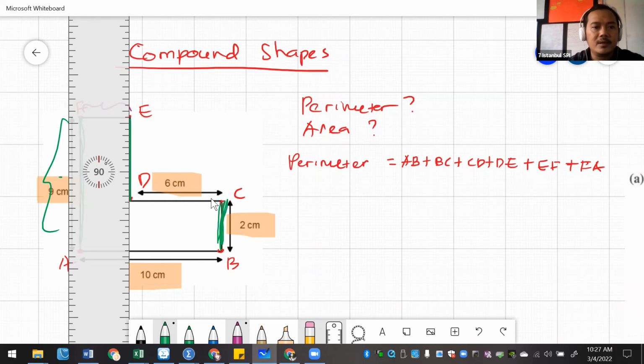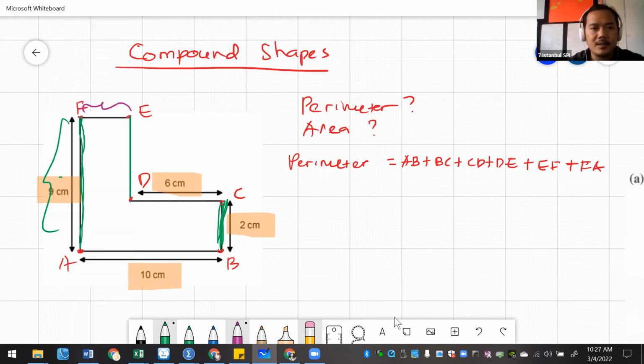So this line here, I'm drawing that ED, right? If I move that ED to the right here, what happened? If we combine it with BC, that will be FA, right?